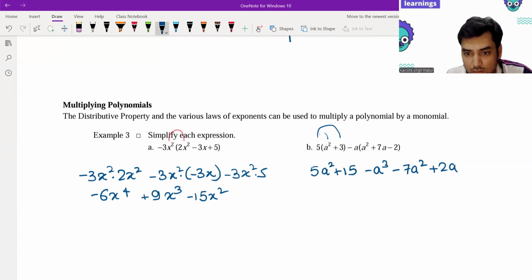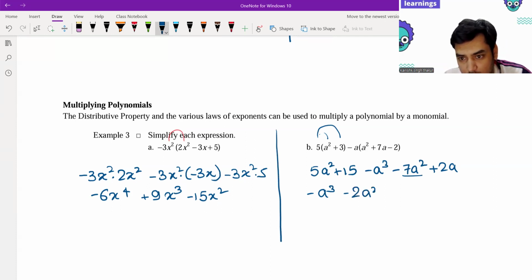First I'll be writing the highest power, which is minus a cube. Then minus 7a square plus 5a square is minus 2a square, right? And then I have plus 2a and plus 15. So this is what I'll get, right? Okay.